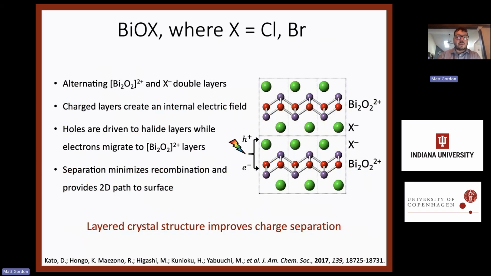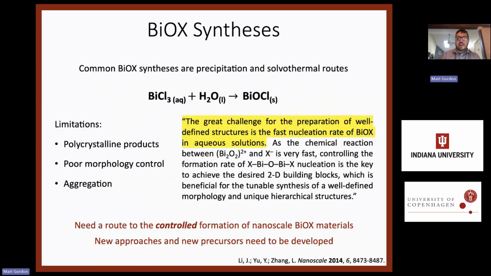And these charged layers create an internal static electric field between the positively and negatively charged layers, so that when you photoexcite holes and electrons, the holes preferentially migrate to the negatively charged layers and the electrons migrate to the positively charged layers. And so that separation minimizes recombination and provides a 2D path to the surface for the charge carriers, improving charge separation and minimizing that recombination.